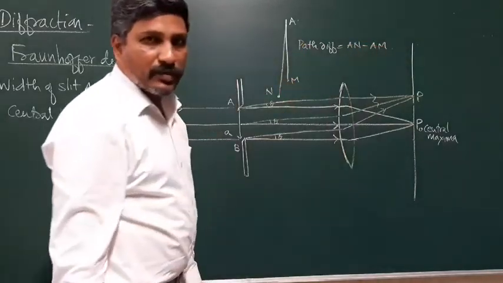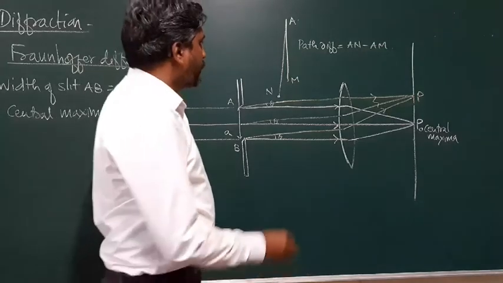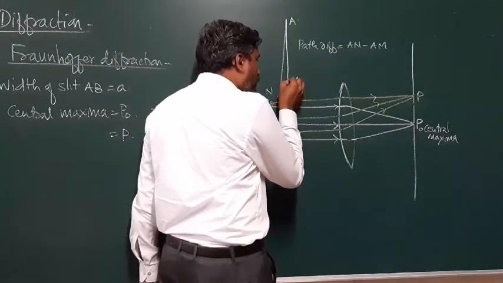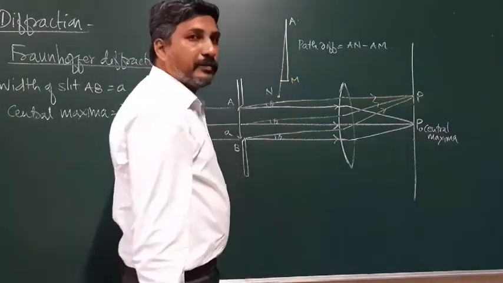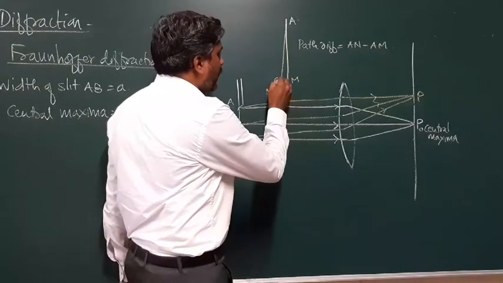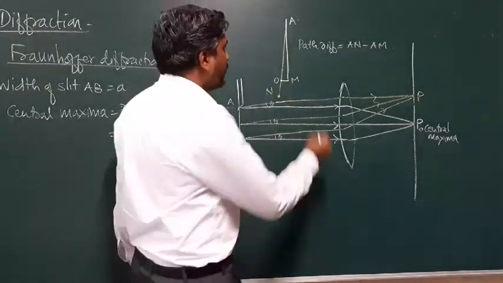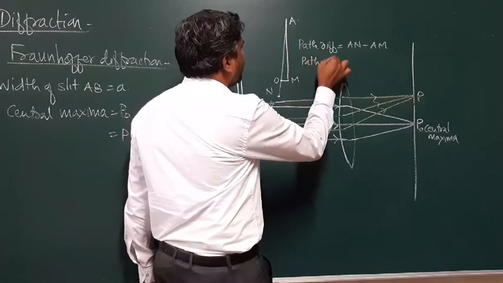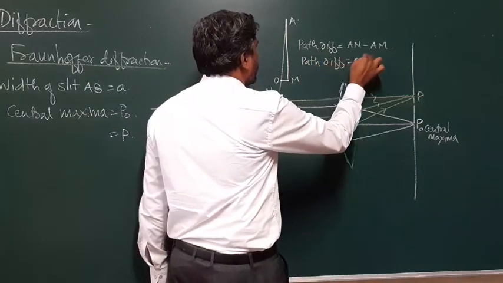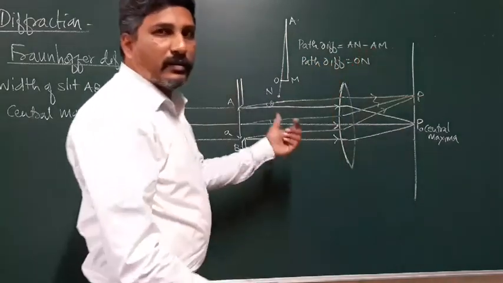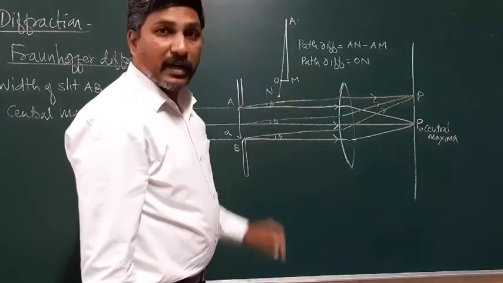This is the path difference. But some students do it this way: draw one perpendicular at this point. Let that point be O, and he says path difference is equal to ON. Yes or no? This is my simple path difference.